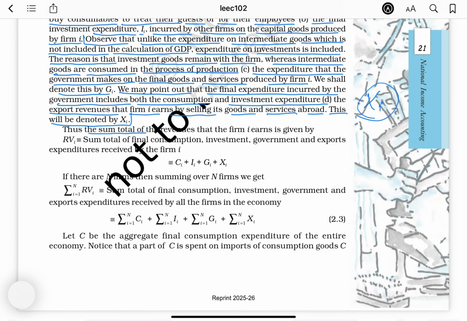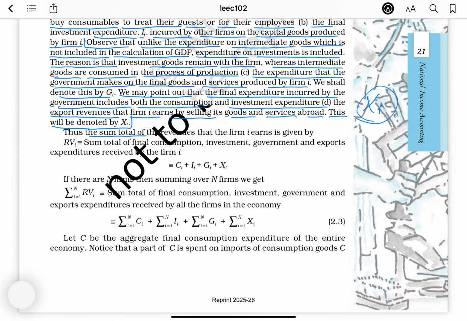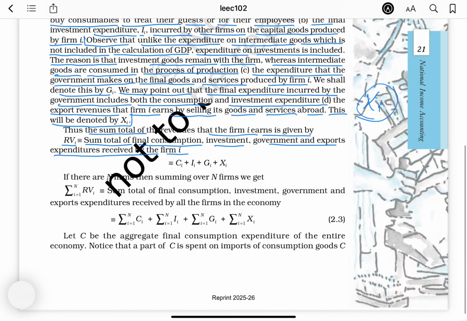Thus the sum total of the revenues that the firm i earns is given by RVi, the sum total of final consumption, investment, government and export expenditures received by the firm i, equal to Ci plus Ii plus Gi plus Xi.